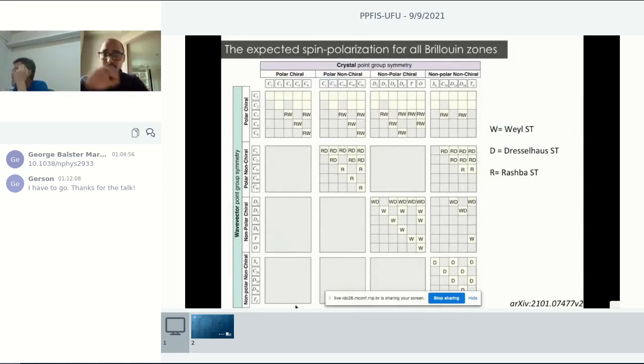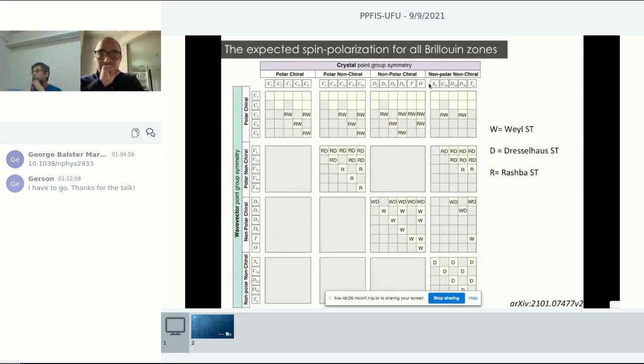So we have 32 point groups in these 230 space groups, and I take all of them that are not centrosymmetric, and I put them here in the headers of our plot. Okay, so we have here polar chiral, polar non-chiral, non-polar chiral, and non-polar non-chiral. These are all the point groups for a material that is not centrosymmetric.